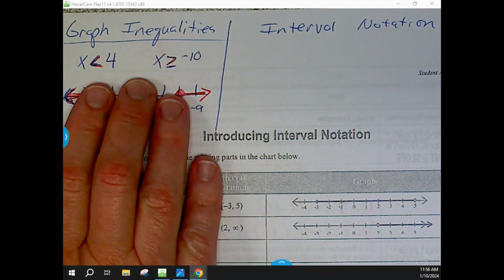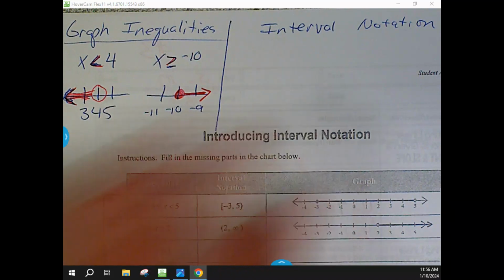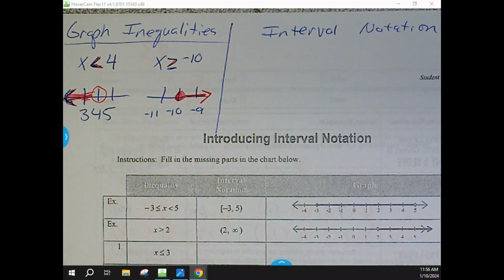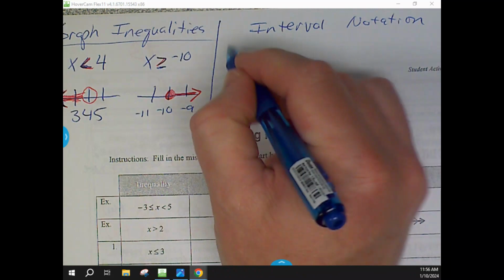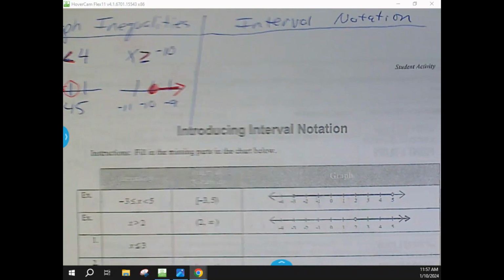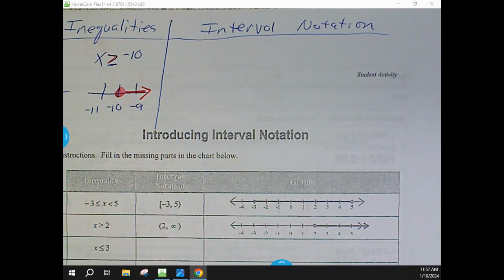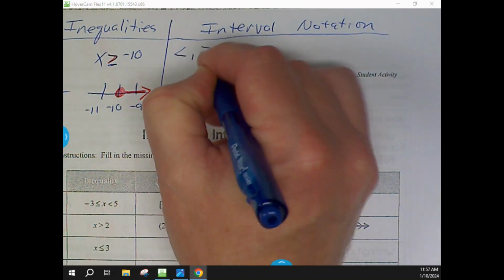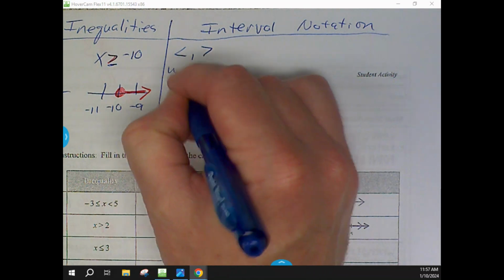They're going to say, all right, solve it, and then write your answer in interval notation. So this is that step in between where we show you how to get to this, using the graphs to get there, and then eventually we're going to take the graphs away. Okay, so if we were doing less than or greater than, this was an open circle.